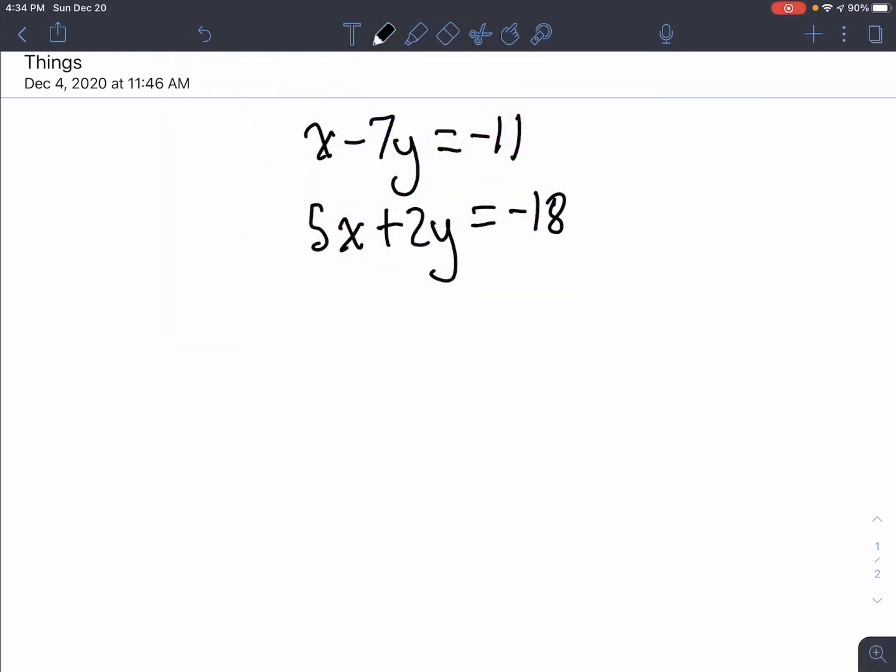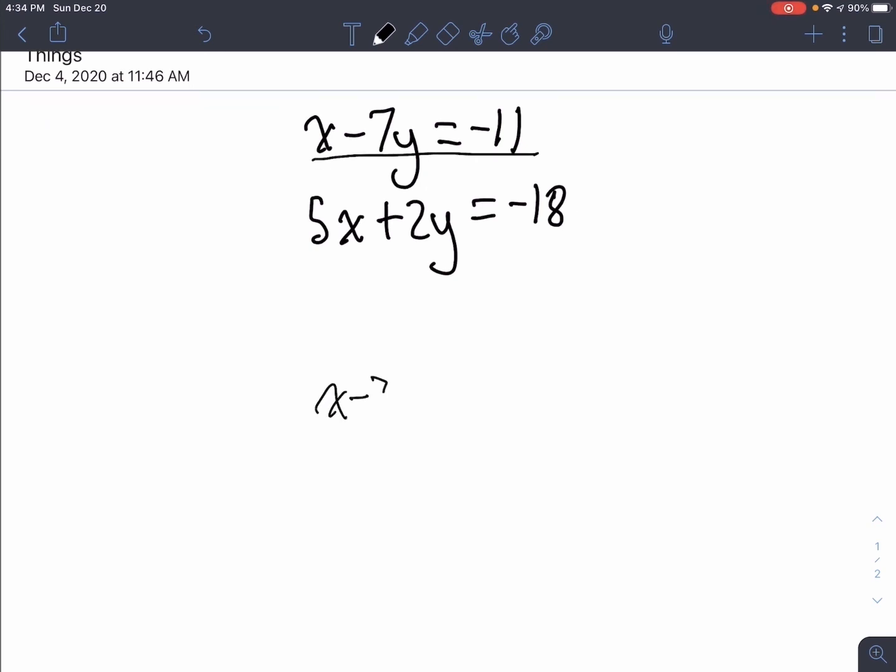So let's use the substitution method to solve this. Let's substitute for x. Now, we don't have any variable isolated yet. Both of the equations are kind of similar to how we dealt with the elimination problems. So how do we find what y is equal to or x is equal to? Let's use the first equation, for example. So x minus 7y equals negative 11, right?